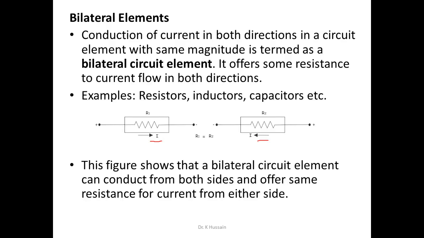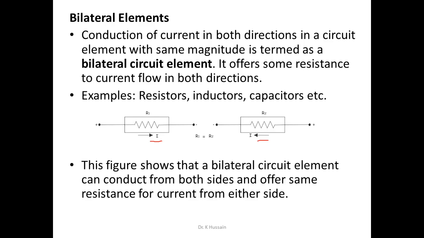Now we'll see that. Bilateral elements: conduction of current in both directions in a circuit element with the same magnitude is termed a bilateral circuit element. Bi means double.